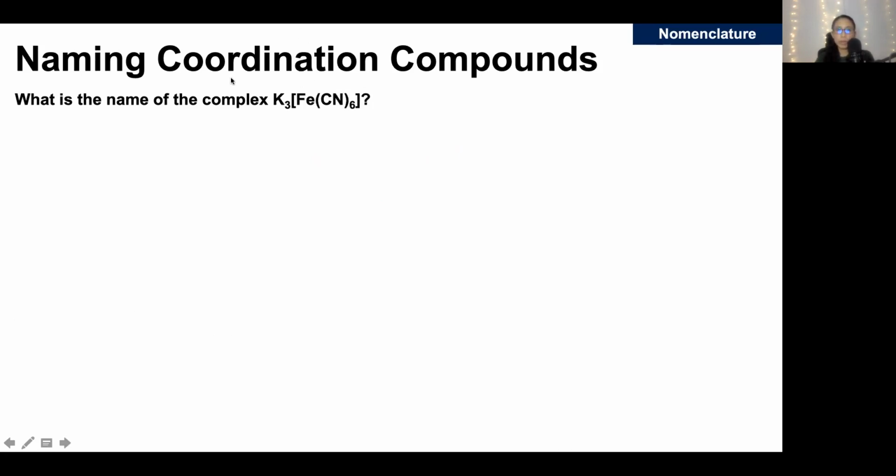Okay, so here you must be able to recognize that this is an ionic compound, okay? You have the cation and the anion is a complex. The subscript of our cation is 3. Therefore, the charge of our complex is -3. Meanwhile, the charge of our cation is +1.